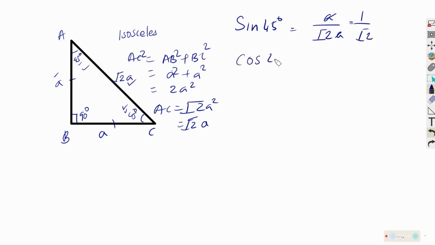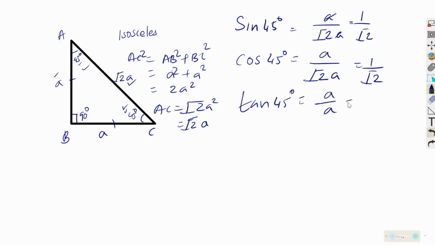Cos 45 degree, adjacent for 45 degree is again A. Adjacent and opposite are A here. Hypotenuse root 2A, answer is 1 upon root 2. That means sine 45 and cos 45 degree have the same answer. Tan 45, interestingly, it will become A upon A, which is equal to 1.